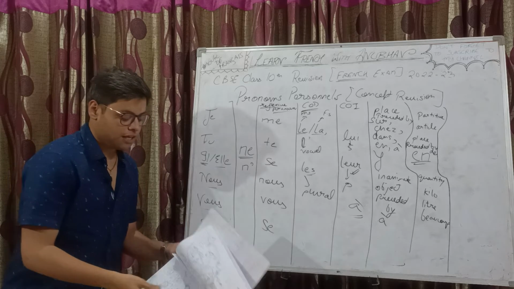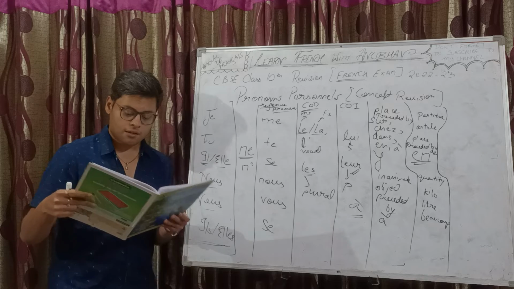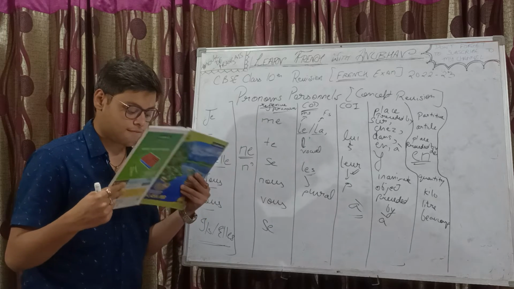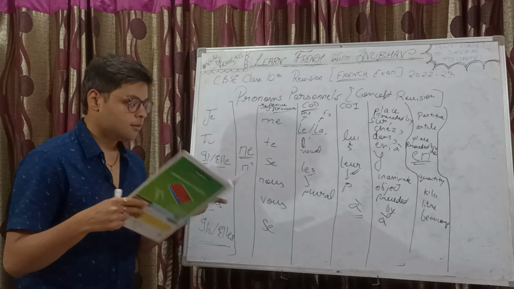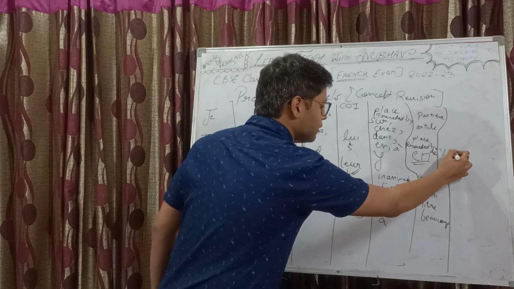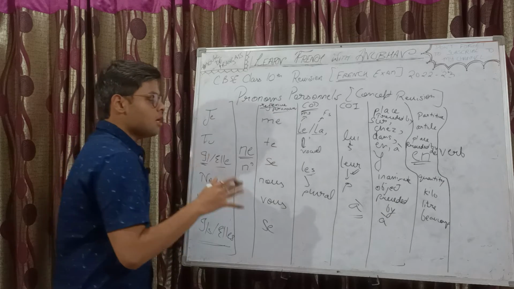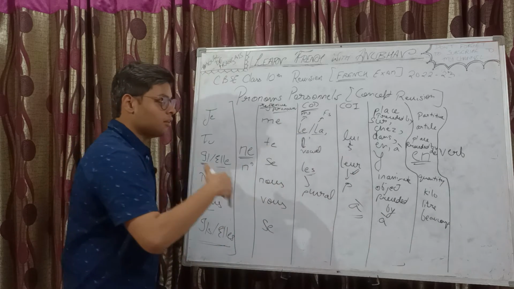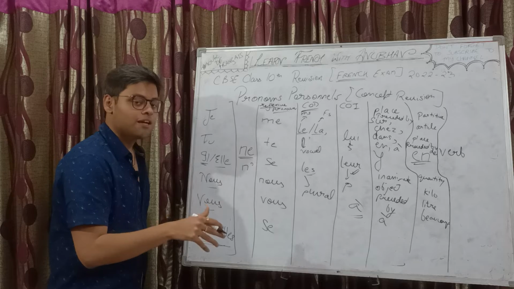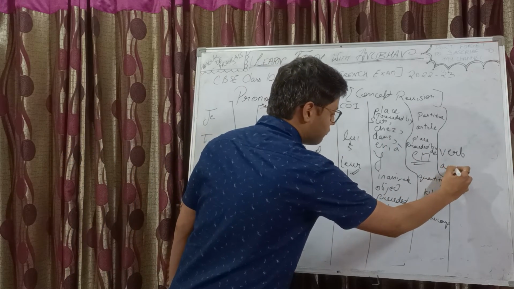After en, what can we have? After en, we will simply have the verb. All these pronouns are going to come before the verb. Now, in tenses in which we have an auxiliary verb, in this place we will have an auxiliary verb.